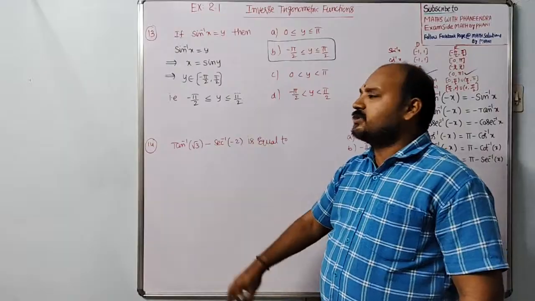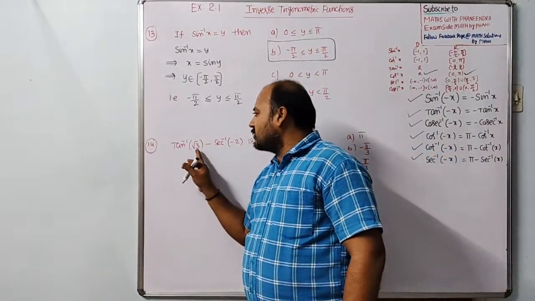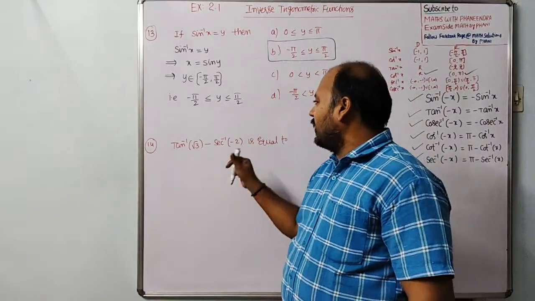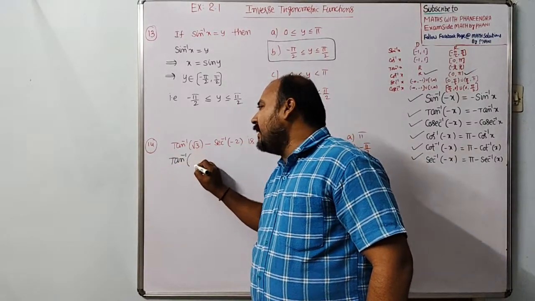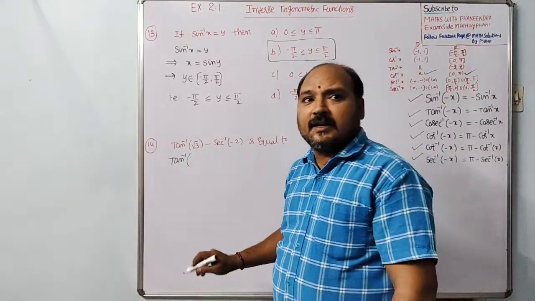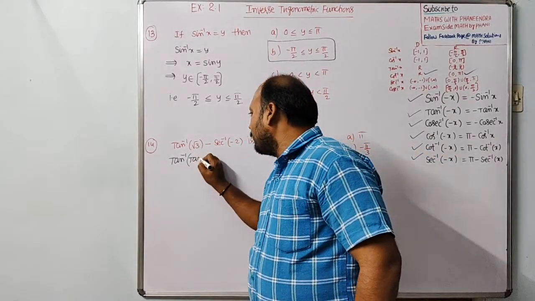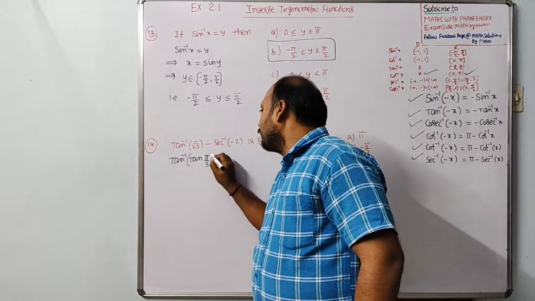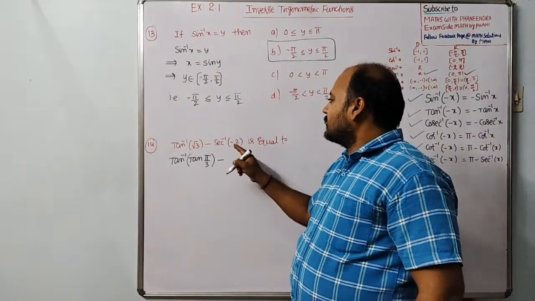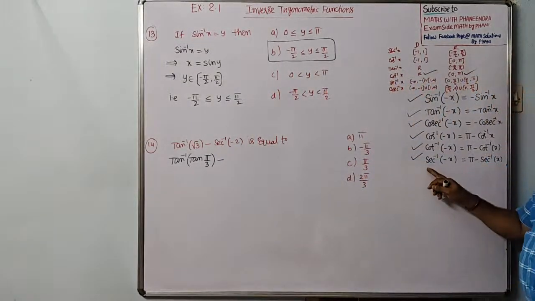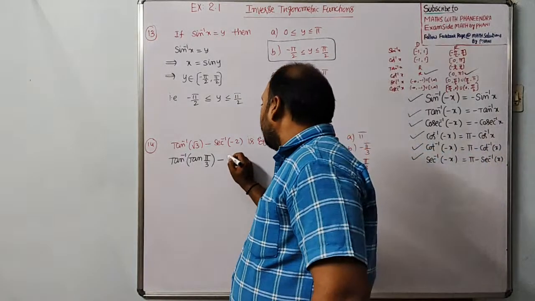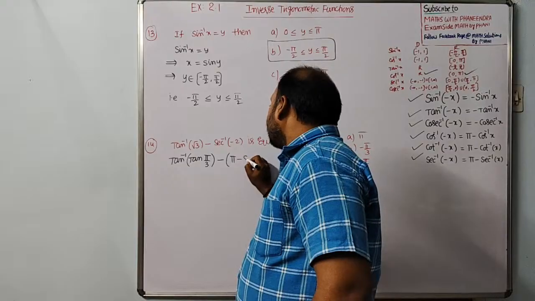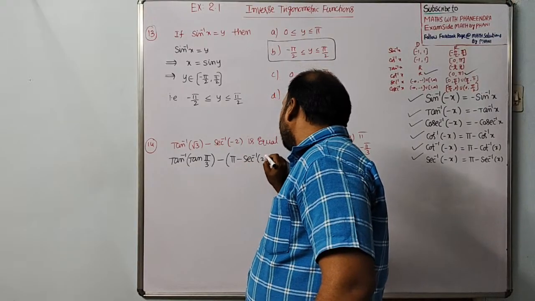So come to the 14th question, tan inverse of root 3 minus secant inverse of minus 2. Tan inverse of root 3 in terms of tan, tan 60 degrees it comes, so tan pi by 3, minus secant inverse of minus x. Secant inverse of minus x is what? Pi minus secant inverse x. So minus pi minus secant inverse of 2.